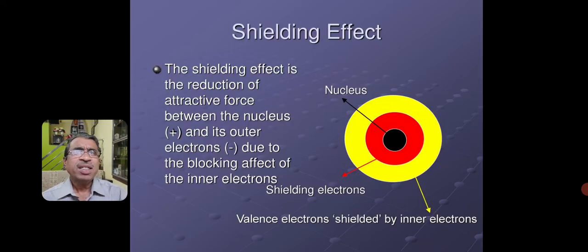So here, this is a slide, it also shows about the shielding effect. The shielding effect is the reduction of attractive force between the nucleus and its outer electrons due to the blocking effect of the inner electrons.